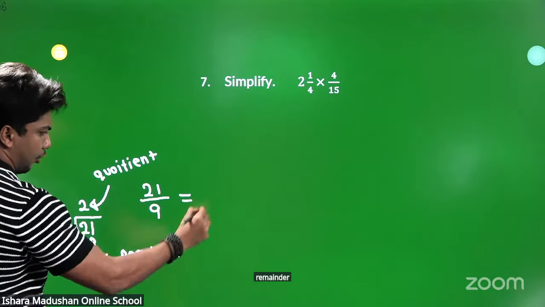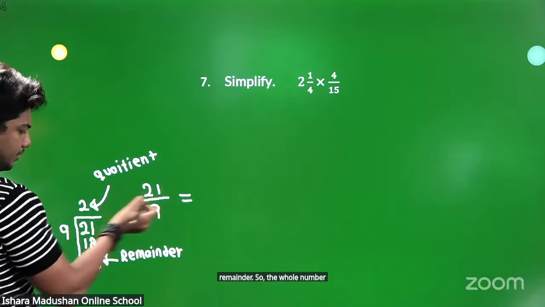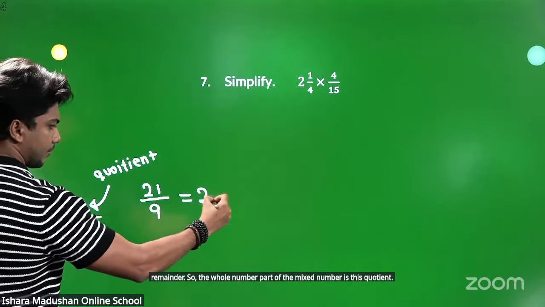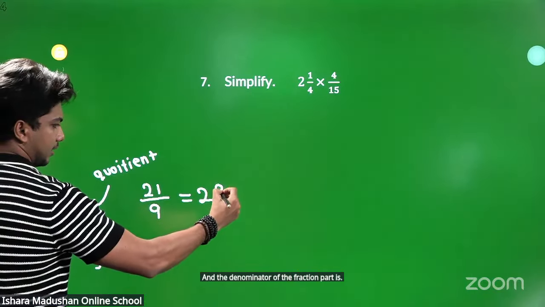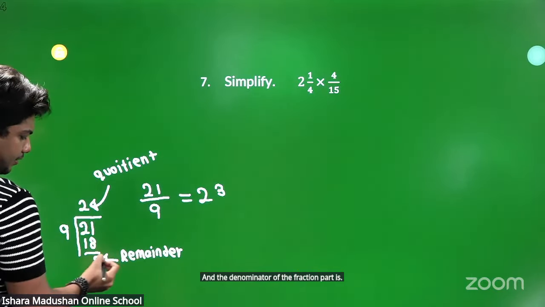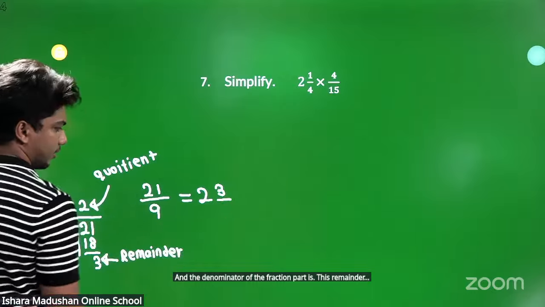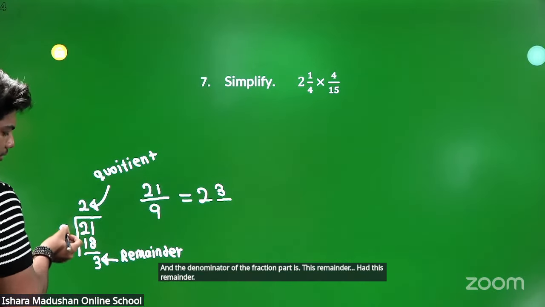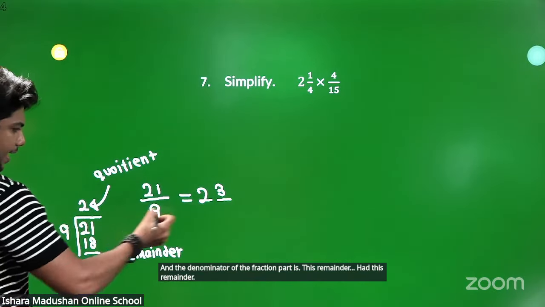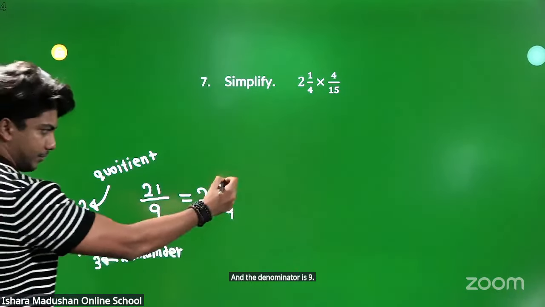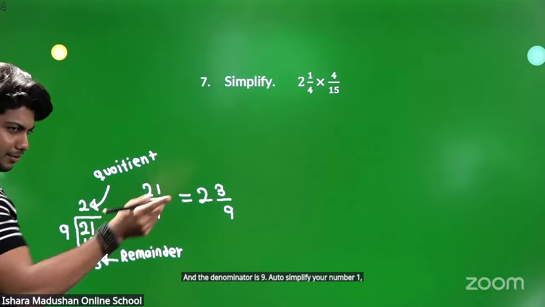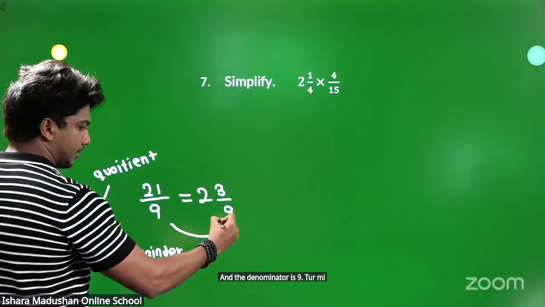So the whole number part of the mixed number is the quotient, and the numerator of the fraction part is the remainder. The denominator is 9. That can be simplified further to 1 over 3.